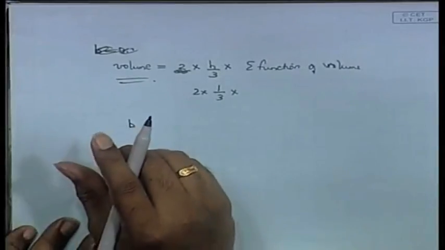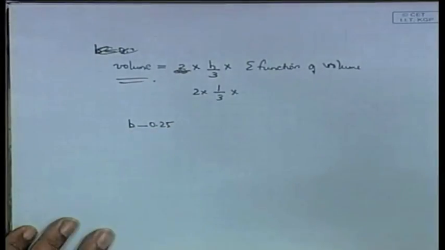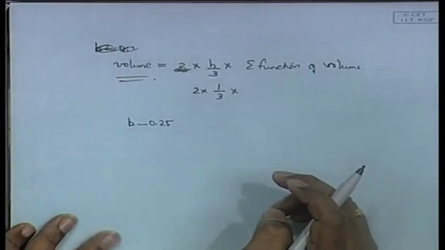Now B minus 0.25. Actually, they have taken 0.25 to be the origin. So B is equal to 0.25 plus whatever they have taken it as such. That's a point actually, I will check that.